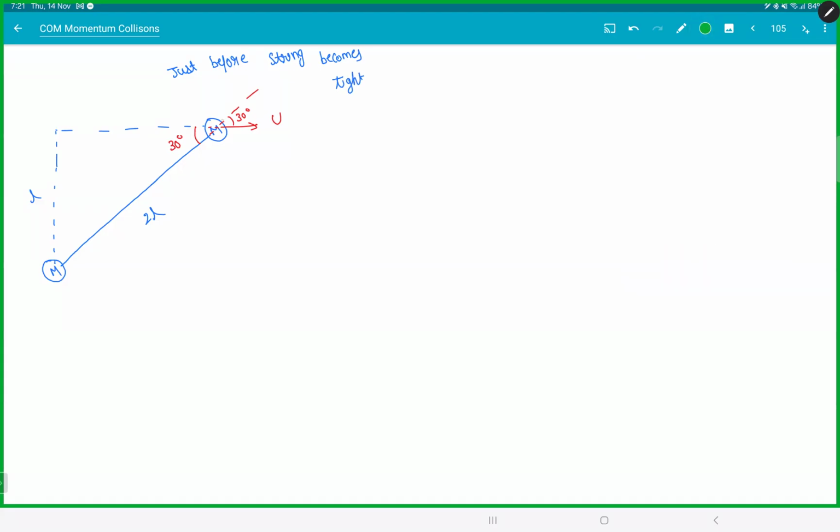Now I want you to ask yourself something. If you look at the components, this is u cos 30 and this is u sin 30. So when the string suddenly becomes tight, what will happen? The tension in the string will be along the string. Since the string is tight, this velocity will be, let's call it Vy.